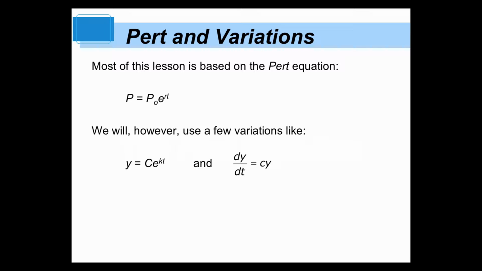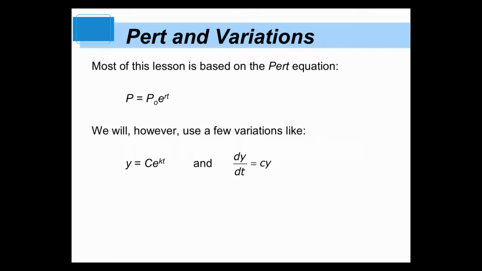In calculus, we see a couple different forms of that same equation. Change the P to a C, change the r to a k. That's not much different. But then we'll also see that little guy, which is going to pop up a little bit. What's the left side of that equation mean? Derivative of y over time. But let's change the word derivative, because we're going to be dealing with real world problems.